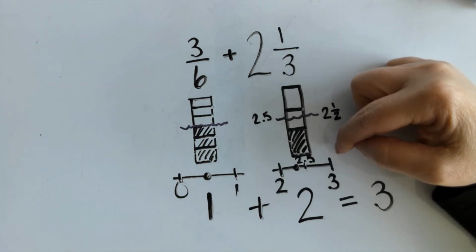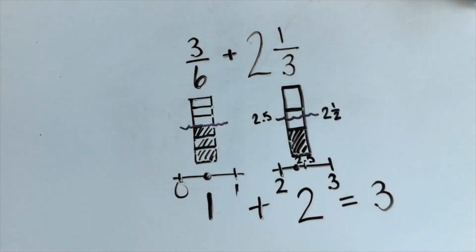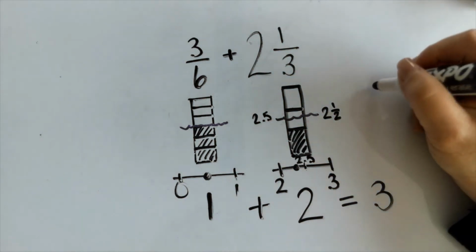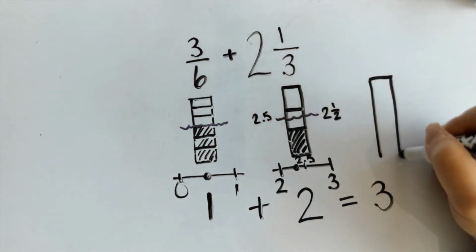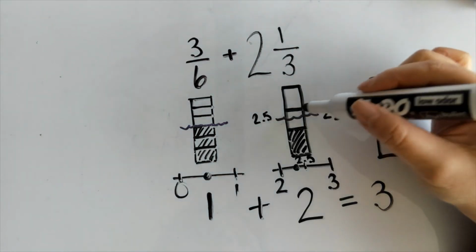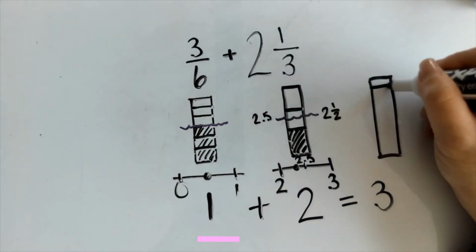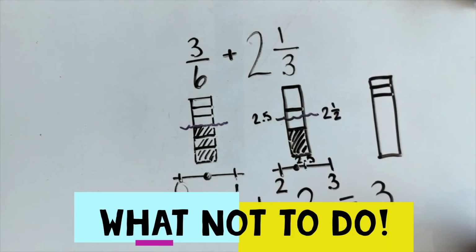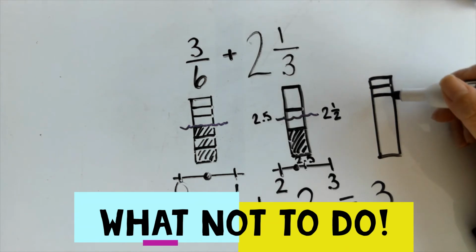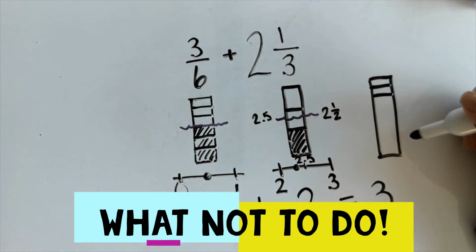Because when you don't, for example, if I was going back to this problem and this was my model for 1/3, instead of cutting them in equal pieces, I'm doing this, okay? Now I also cut this KitKat bar into 3 pieces, but they're not equal.